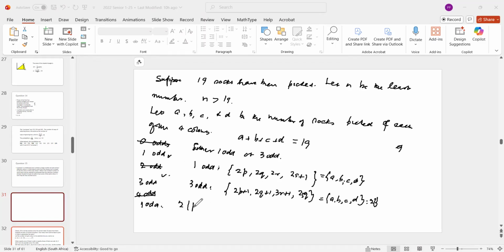So if you take out the 2, you have p plus q plus r plus s is 19 minus 1, 18, so it's 9.